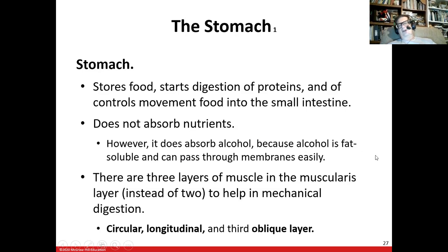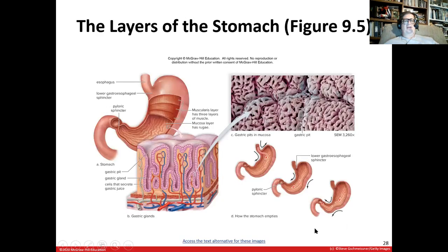Believe it or not, it can pick up water too, even though the book's not listing that. And instead of the normal two layers, it's got three layers: a circular layer, a longitudinal layer, and an oblique layer. All right. So we got that. So if we look here, the oblique layer they've drawn on the inside, I think that's correct.